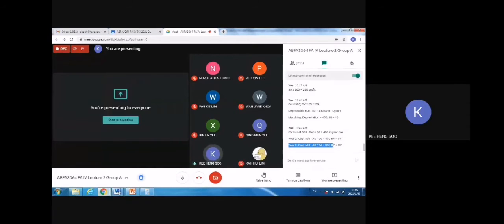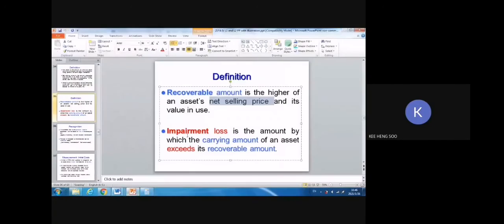Book value, 350. But in real life, this may not be enough. So today, someone offered me 320. That means immediately I lost 30 already. Can you see that? Because my book value should be 350. Net selling price is when today I want to stop my business. Going concern no longer applies. Somebody offers me 320.